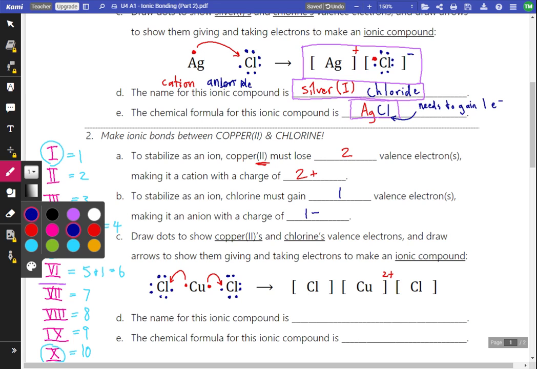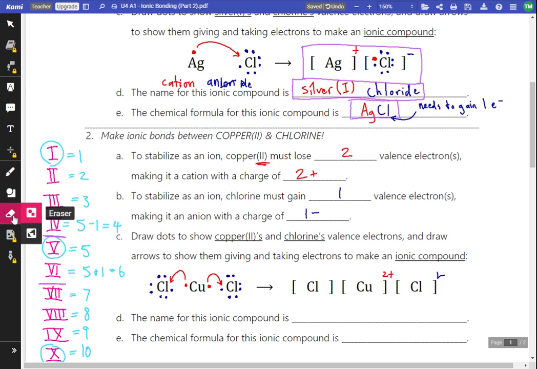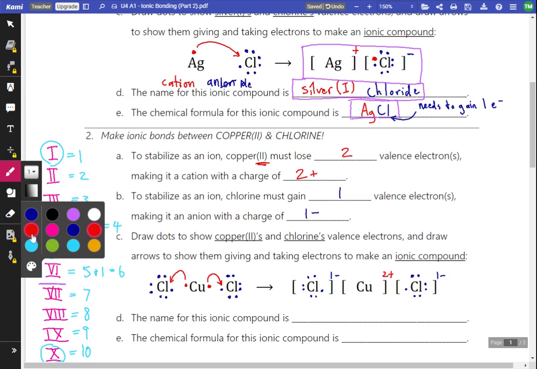Chlorine, each is going to have a -1 charge, because they started with 7 valence electrons, and they each gained 1.